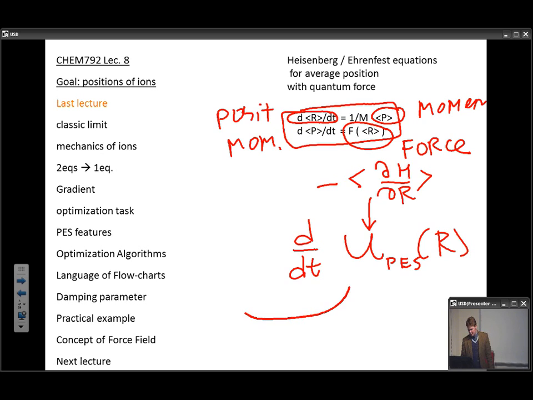So this potential energy surface can be calculated exactly from the electronic Schrödinger equation, the electronic part of the molecular Schrödinger equation. Or someone can solve it for specific atoms and specific interatomic distances and create a table of typical forces.